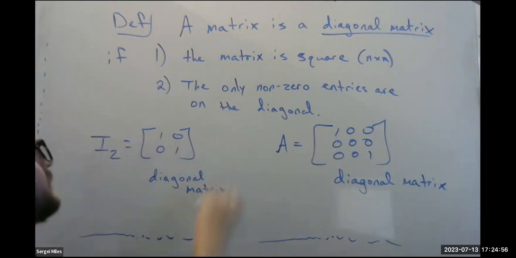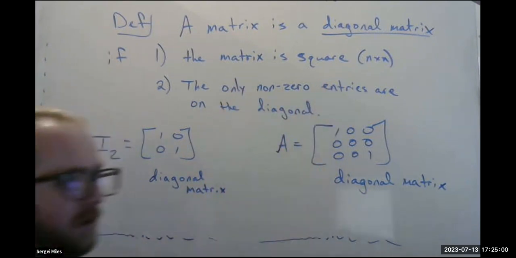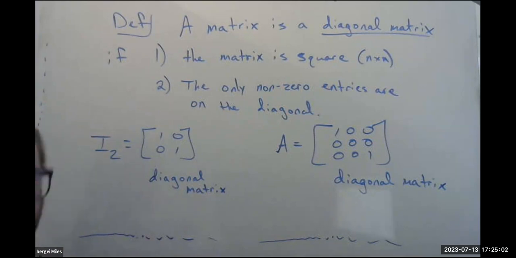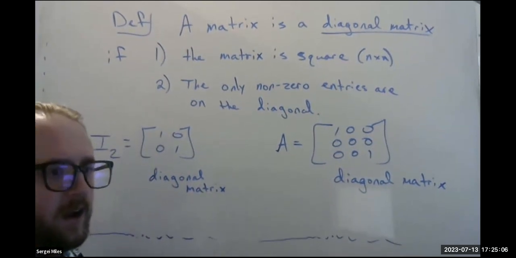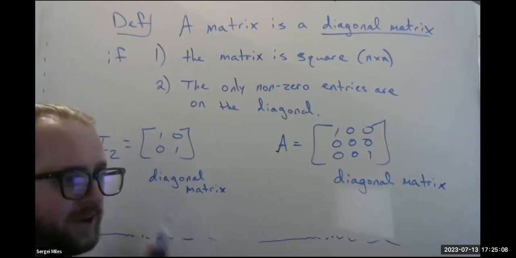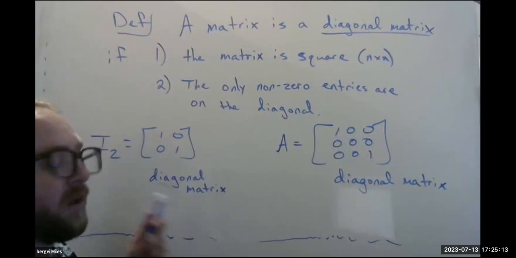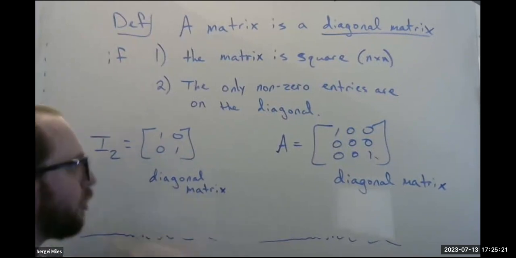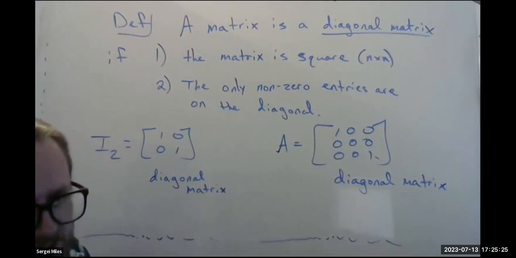Or to word it another way, if you look at the lecture notes in Canvas on 2.1, you could also say the non-diagonal entries are 0. That's the only requirement. Okay, why do we care about diagonal matrices?